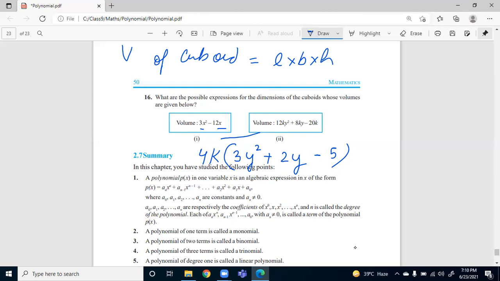So I can do the splitting of the middle term. So 3 into 5, that is minus 15. Okay. So if I split 2y as minus 3y plus 5y, minus 3y plus 5y is 2y. And if I multiply, then yes, I am getting minus 15.